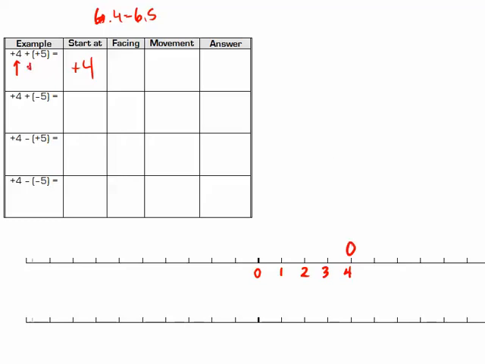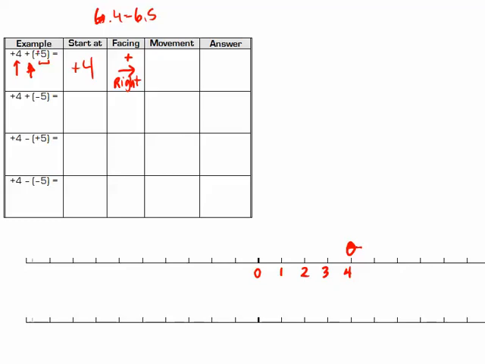Now we see this middle sign. What operation does Bob want to do? In this case, he wants to add, which means he'll be facing towards the right, in the positive direction. Now the third sign, or the second number, this plus 5, means that with the direction he's facing, he wants to move 5 steps forward.